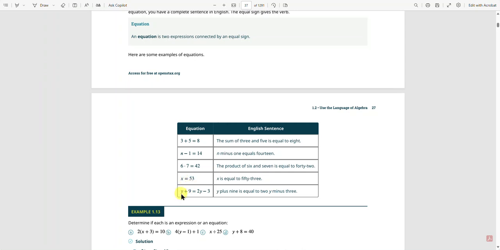Here we see the expression y plus 9, and we see the expression 2 times y minus 3, and we see them joined together with an equal sign, making an equation or a complete sentence in algebra. Y plus 9 is equal to 2y minus 3. So make sure you understand at this point the difference between expressions like y plus 9 and equations like y plus 9 equals 2y minus 3.